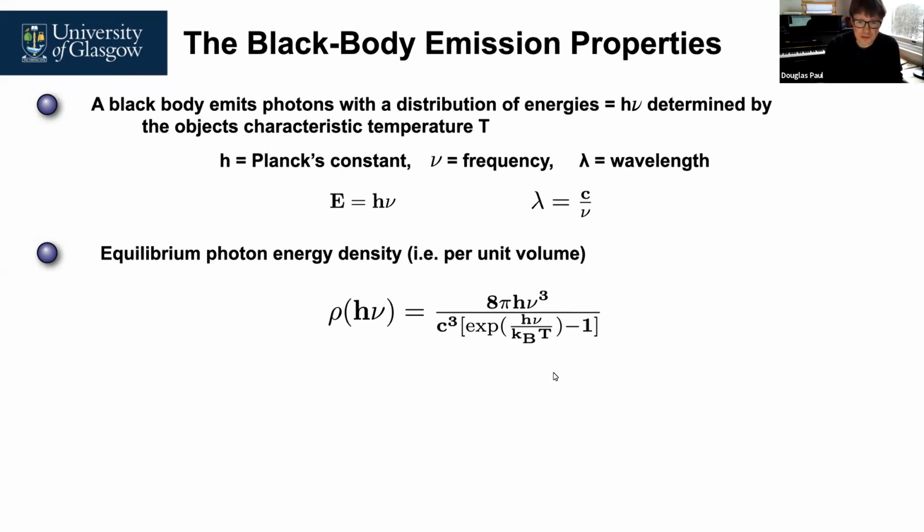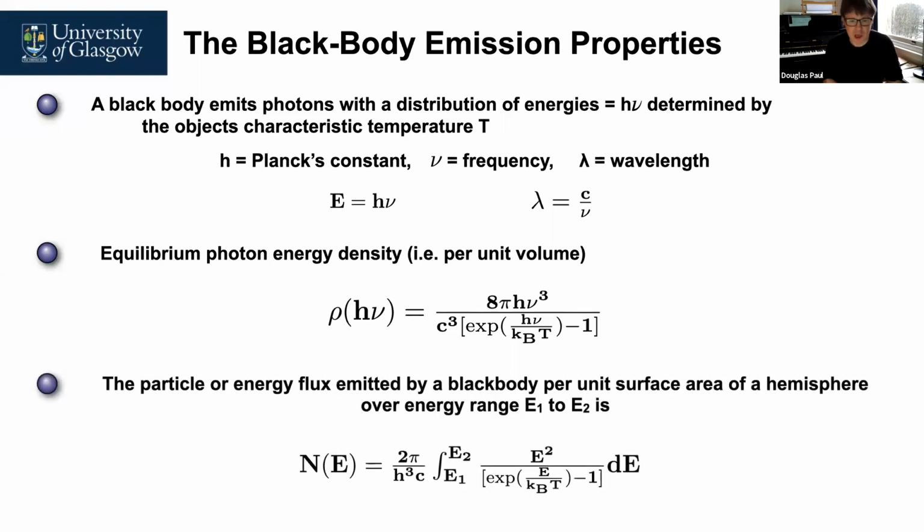So I'll show in the next slide exactly what this looks like. But here we can just choose a temperature for any black body. And if we put it into this equation, that gives us an easy way to be able to work out exactly how much energy density is available as a function of the energy of the photons.